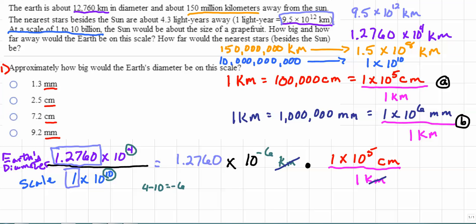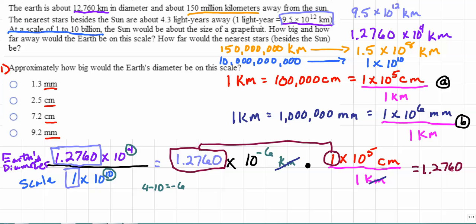When I set this equal, I multiply the 1 times the 1.2760, which gives me 1.2760. That multiplies these two factors together, but when you have like bases of 10, I simply add the exponents, and I'm going to have times 10 to the -1 power.